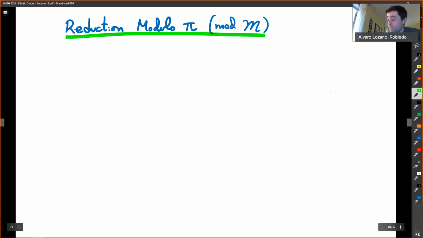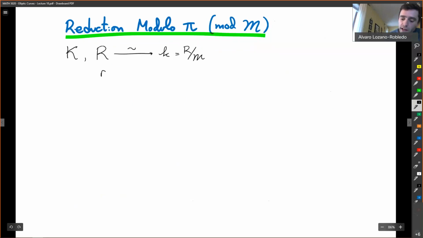So here we have, like before, our local field K, our ring of integers R, and over the ring of integers, there is the reduction map that I'm going to call twiddle down to the residue field that sends an element r to r modulo m.